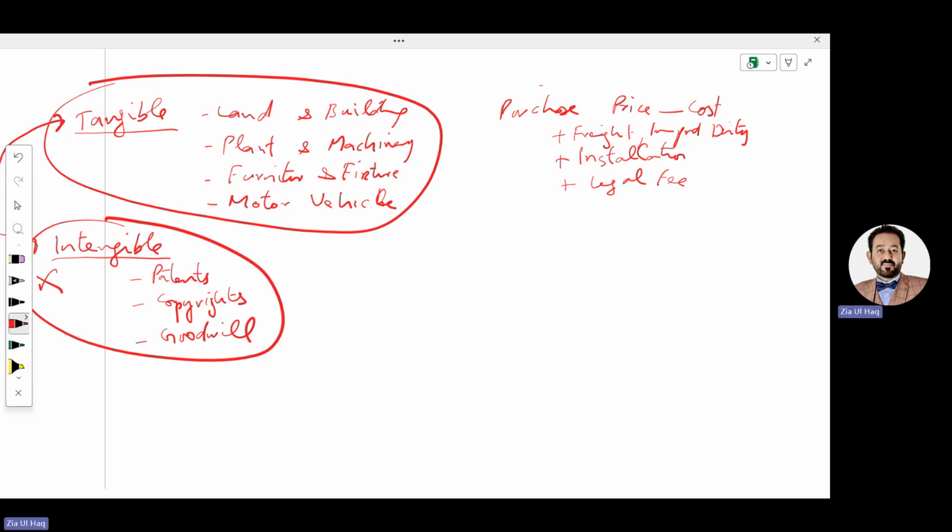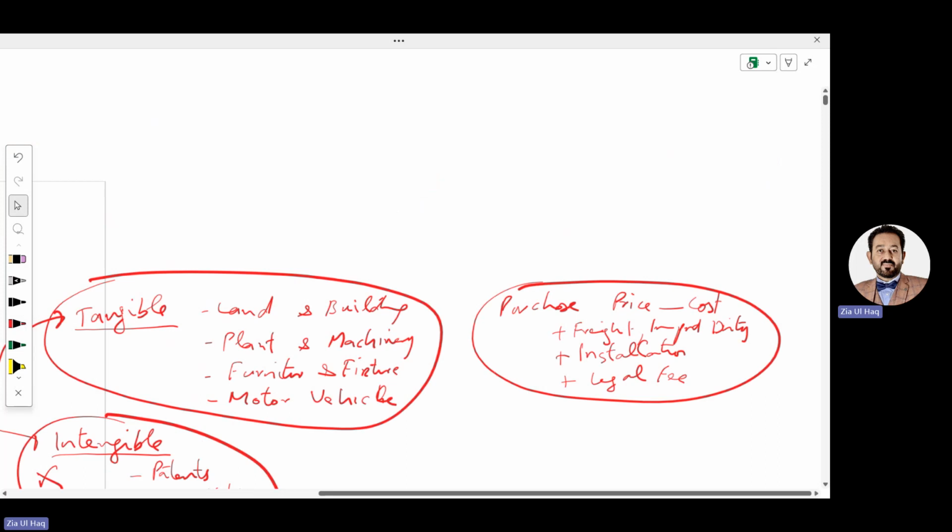Sometimes a business buys an asset and sometimes it constructs an asset. If they buy, all the buying cost will be part of asset value. But if we are constructing an asset like a building, and this construction requires 3 years, what cost do we need to record in asset value?